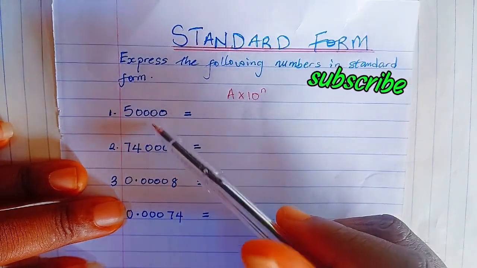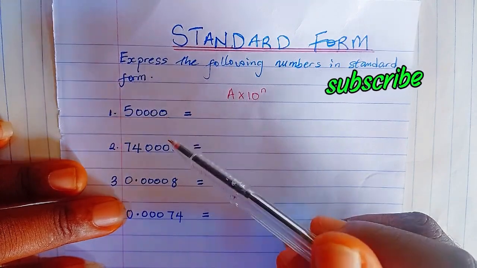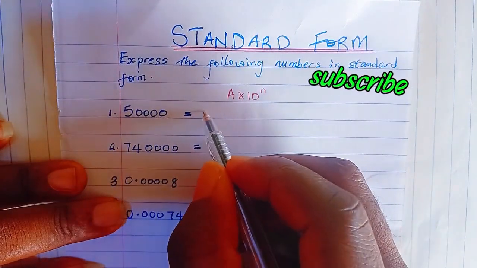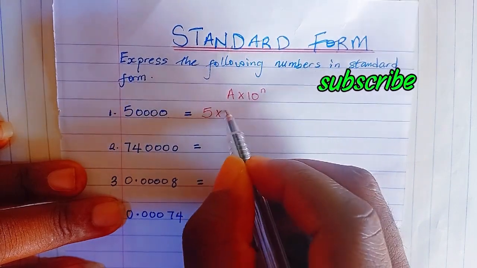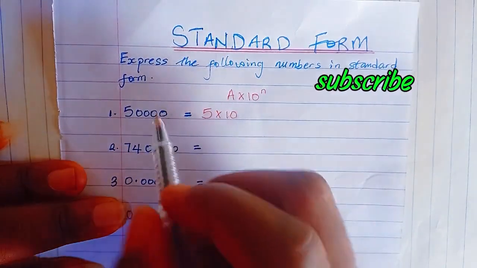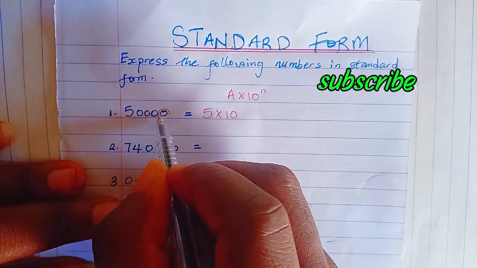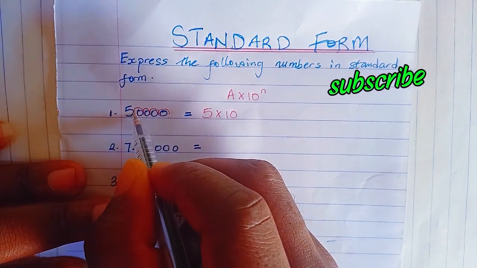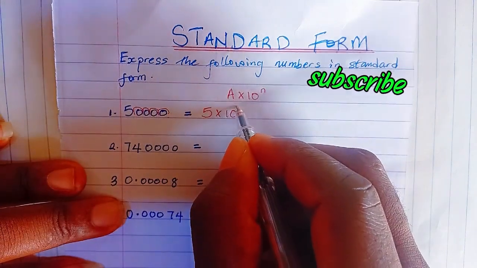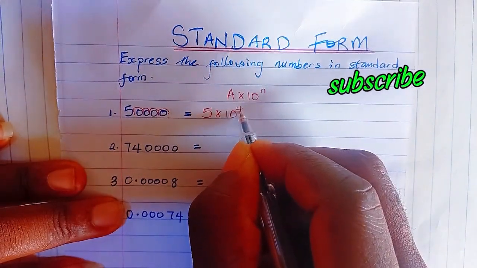So expressing this number in standard form, we are going to have 5 times 10 raised to power. Now let's count: 1, 2, 3, 4. 10 raised to power 4.